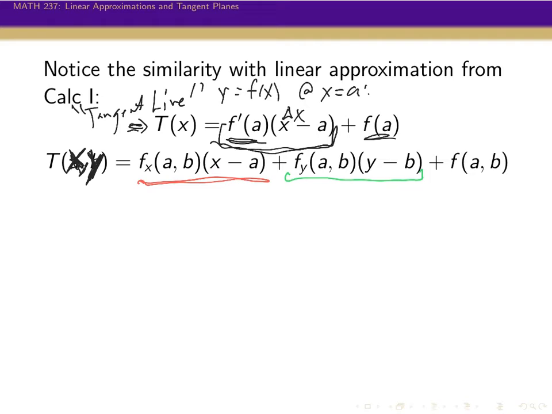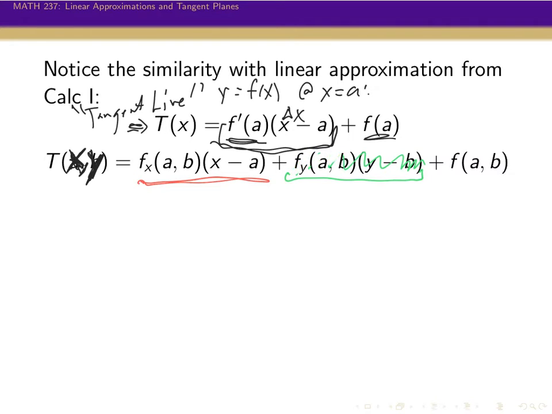Now, if we were to hold either x or y to be constant, say hold y to be constant at b the entire time, well then this term would disappear and we'd end up with the same type of line that we had before. Right? And so this is tying into the fact that the calculation of the partial derivative really is calculating the slope of the tangent line when we slice it along the plane y equals b. And so that's how we can see that in this equation.